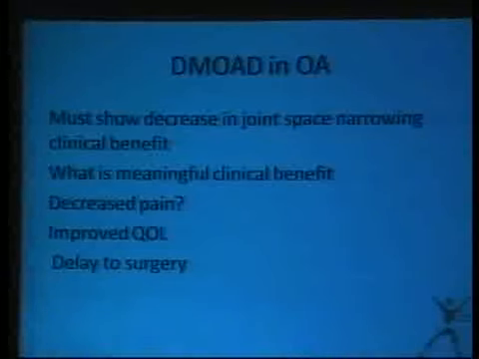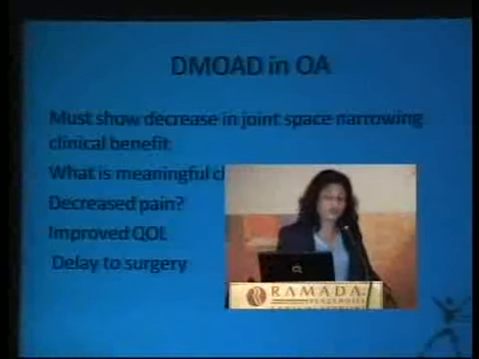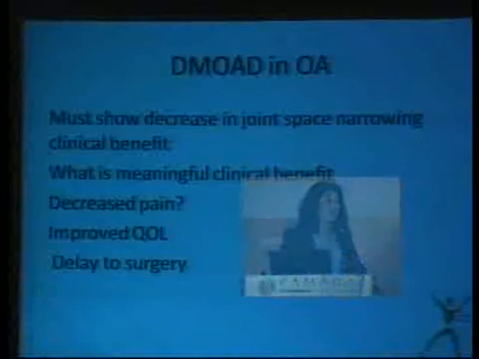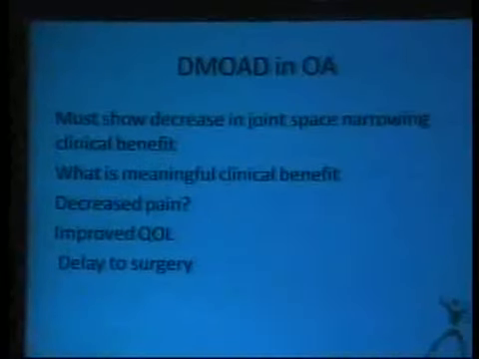And when we talk about clinical benefit, we need to know what is a meaningful clinical benefit. Does it mean that we decrease pain? Can we define it as improving quality of life, or can we mean it as a delay to sending the patients to our friends in the orthopedic department? So I think it's all of these, but for the purposes of clinical trials, they define it as a decrease in joint space narrowing, and there are various definitions of it, ranging from 0.5 millimeter progression in X-rays of the knees over 1 year to other such definitions which are used in clinical trials, which we won't go into.